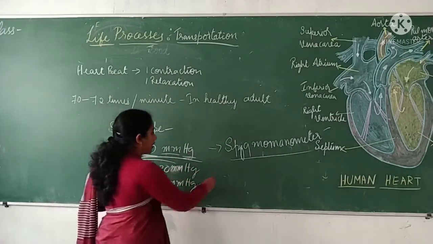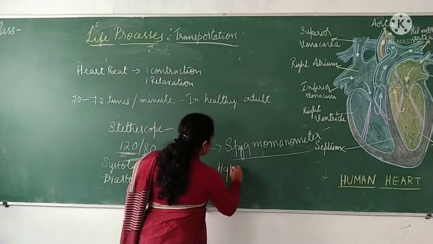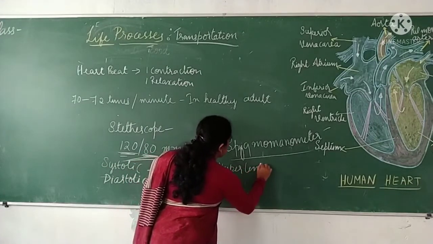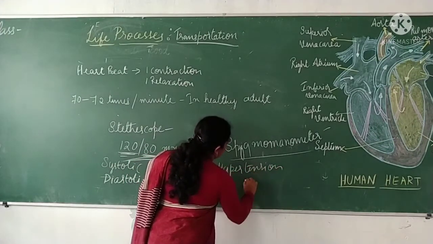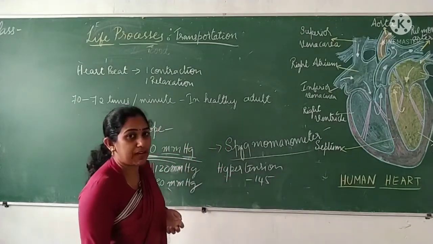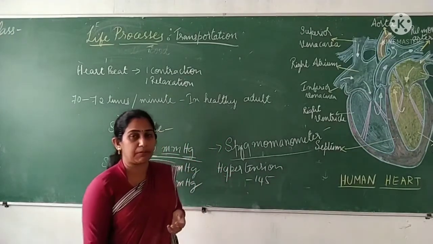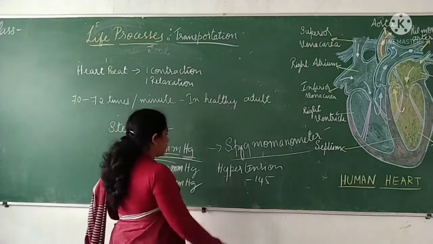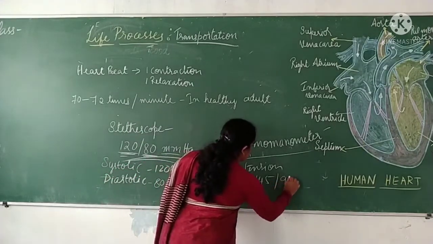When a person has hypertension, hyper means having more tension. In that case the systolic pressure may reach about 145 mmHg, and the diastolic may also increase to about 90.